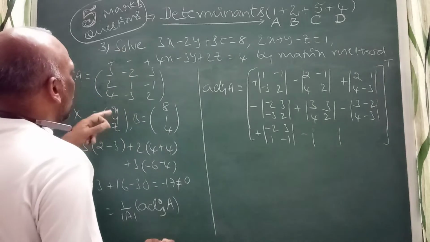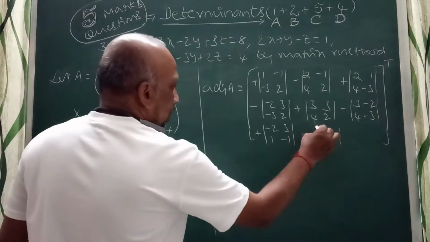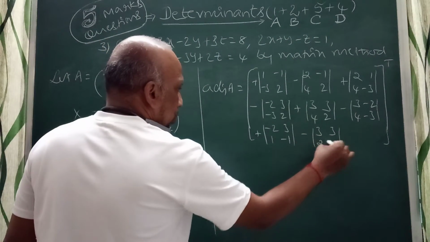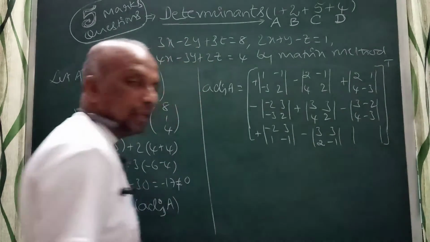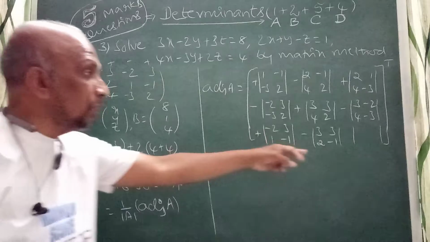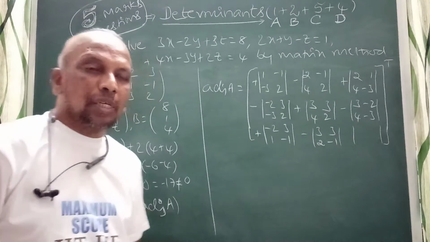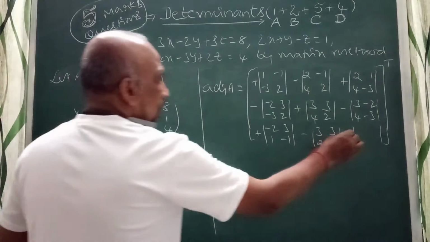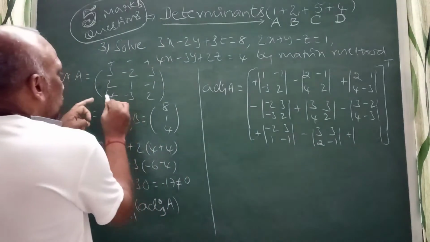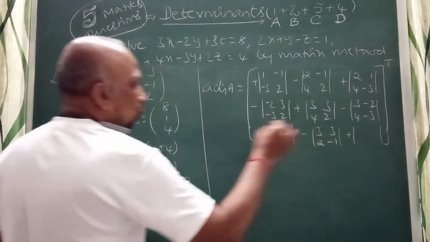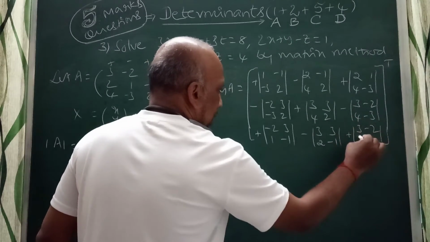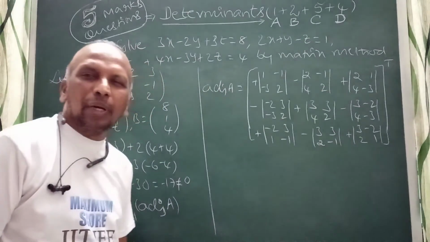Leave this row and this column: 3 3, 2 minus 1. Now the last one, A33. 3 plus 3 is 6, even number, positive. Leave this row and this column: 3 minus 2, 2 1. You will get it like this.